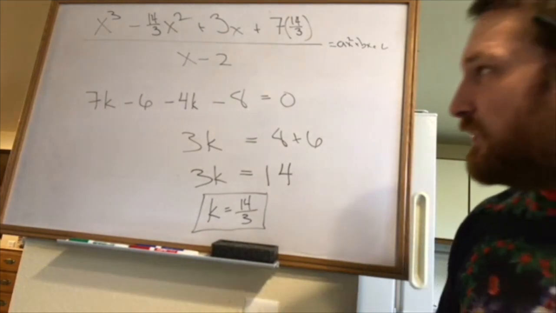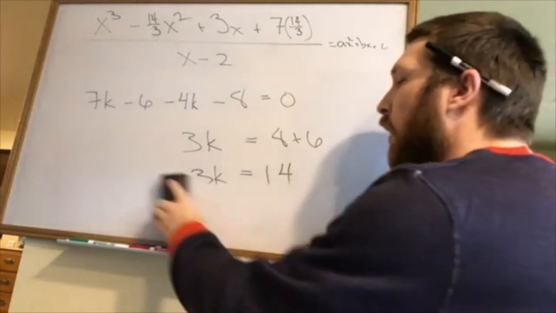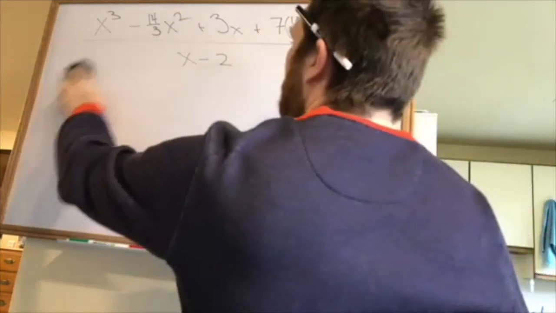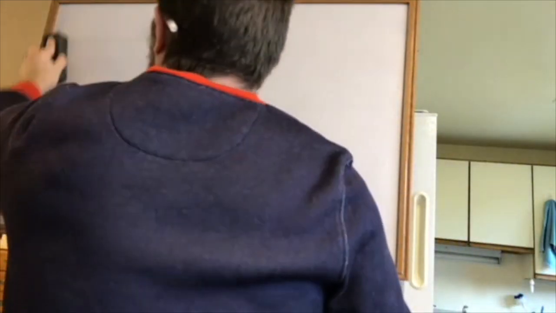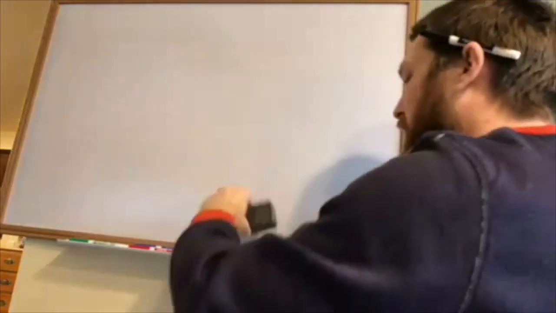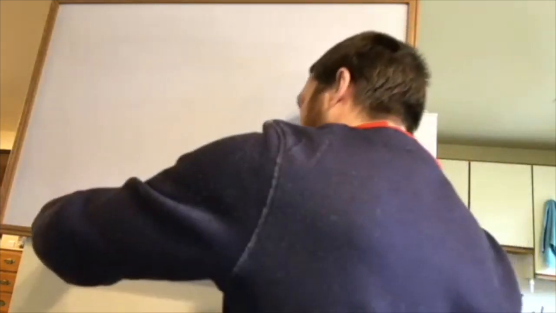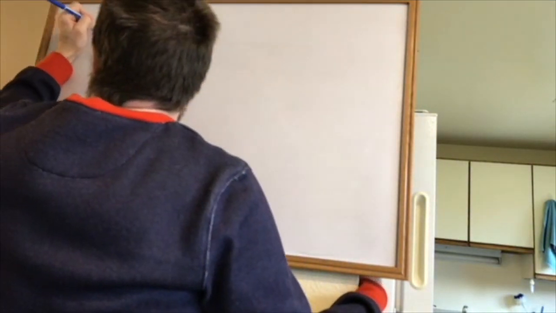So what I'd like to do today is just to go over what we've learned thus far with rational polynomials. So let's do this. In general, and I'm going to write something very general here.